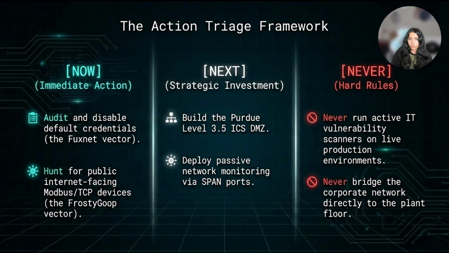What is out there? What vulnerabilities are out there? And then you patch based on that. The next step is to build a Purdue level 3.5 ICS DMZ, or demilitarized zone, that we talked about earlier. Have passive scanning implemented and also have a jump box with MFA on it. And deploy passive network monitoring via span ports.